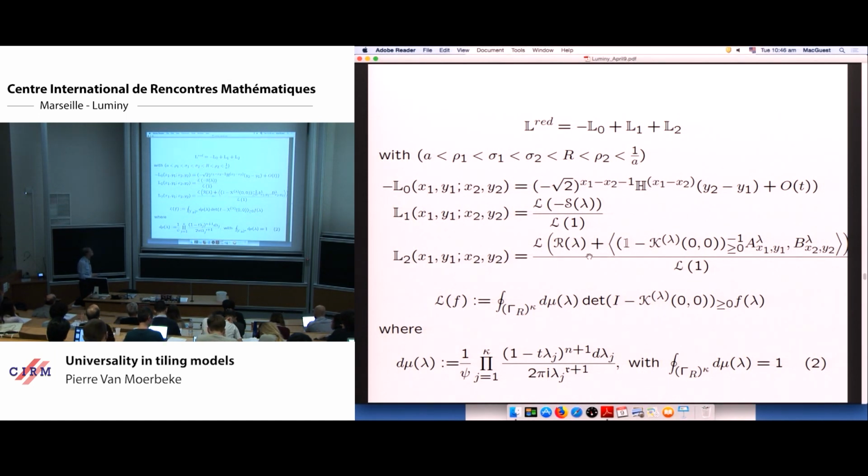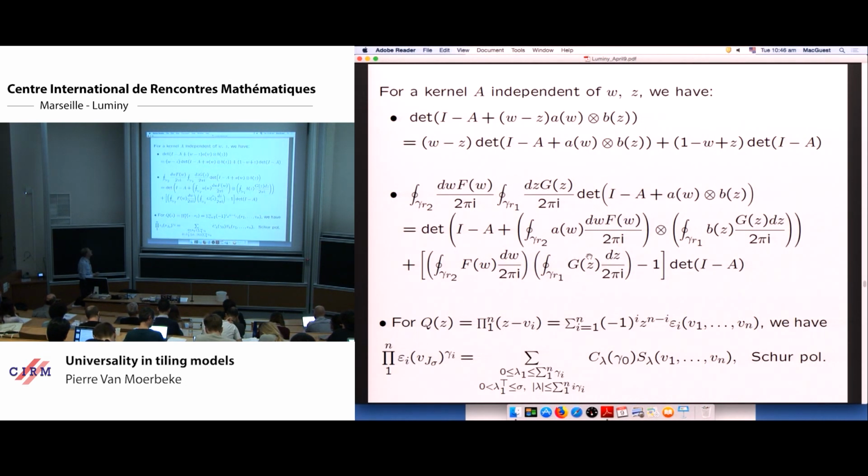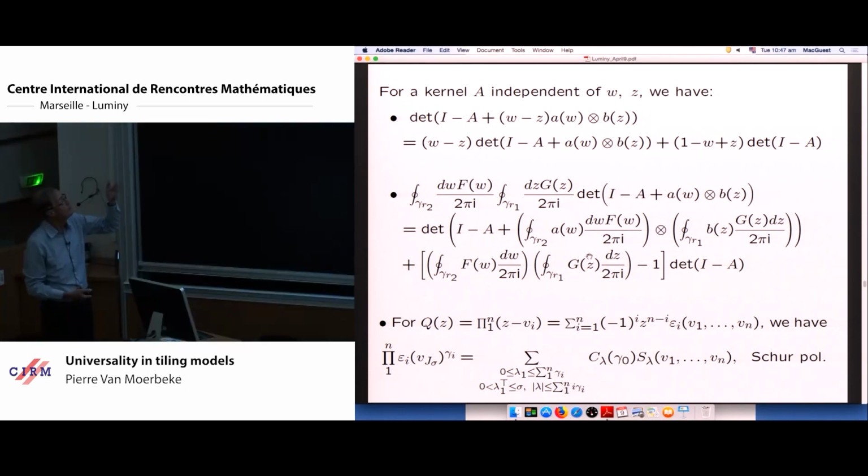And no, I cannot explain to you in 2 minutes what you do. There are lots of little tricks that you use. Let me give you an example. The second one, you take 1 minus a plus a of w times b tensor with b of z. You integrate. This is independent of w and z.